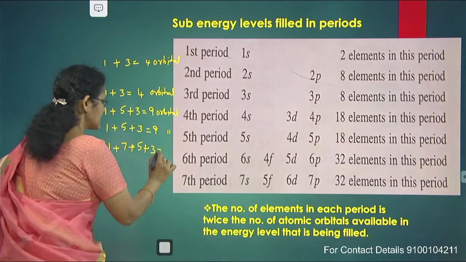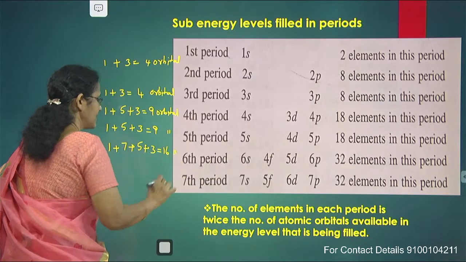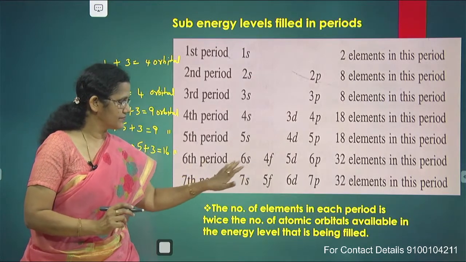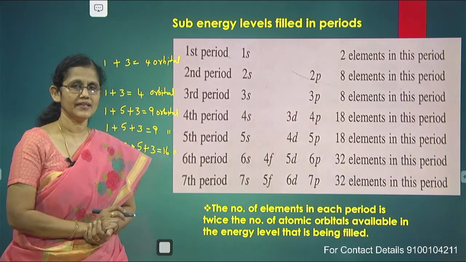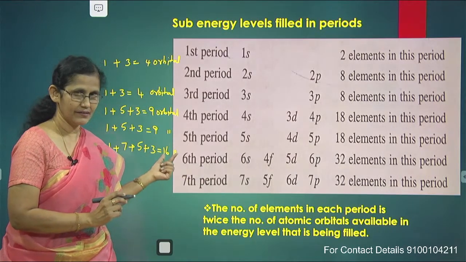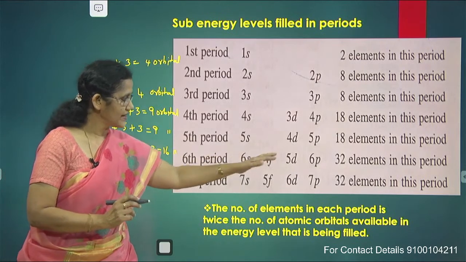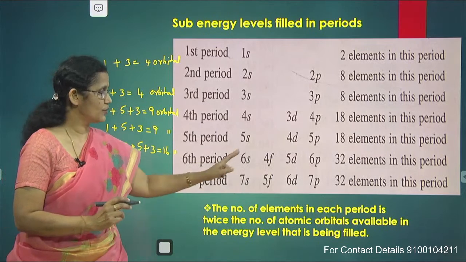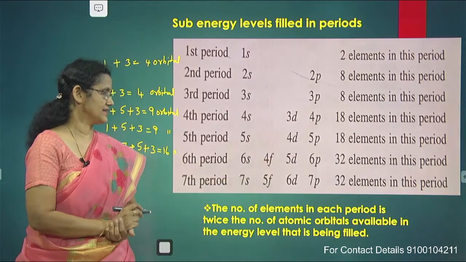Together 16 orbitals are available. We have just written the order of filling in each period. How many orbitals are available? 16 orbitals are available in the 6th period, and twice the number of orbitals gives 32 elements possible in the 6th period, right.